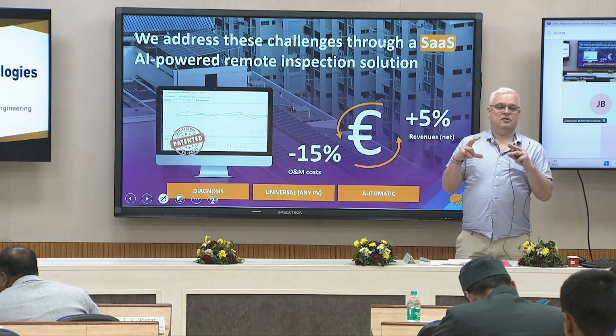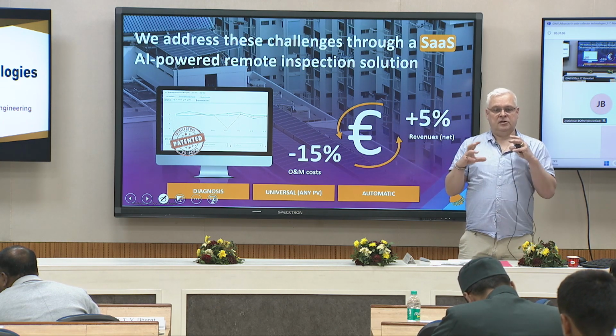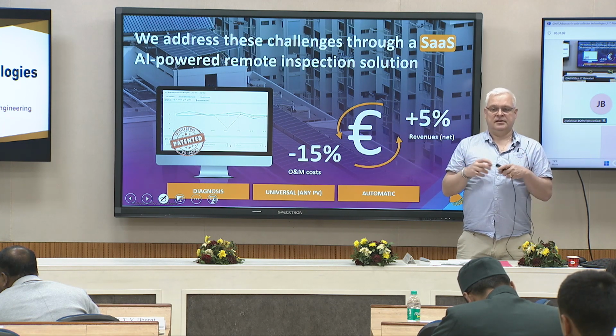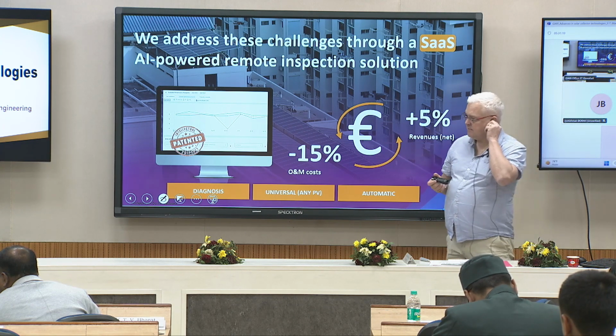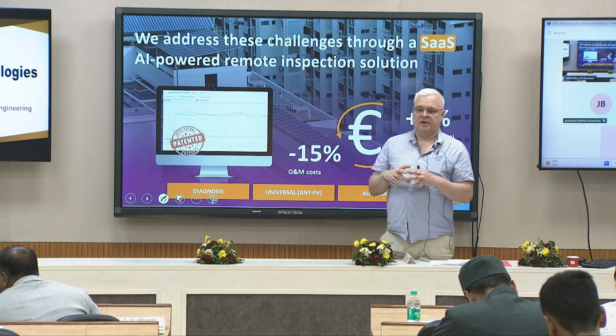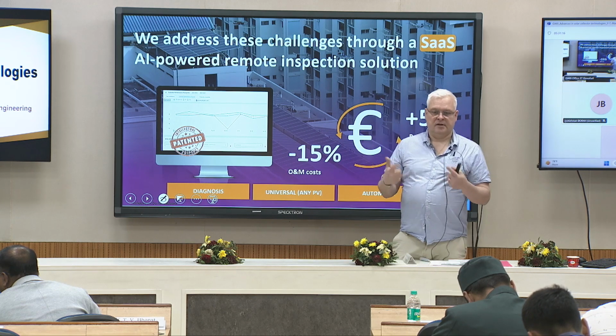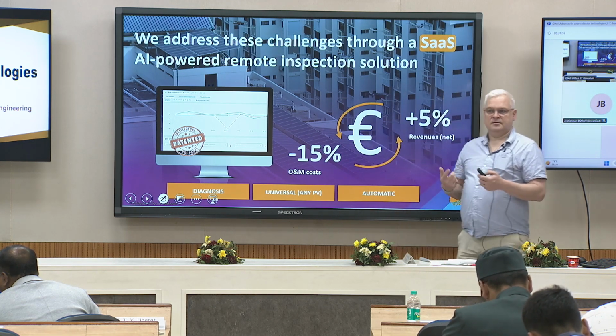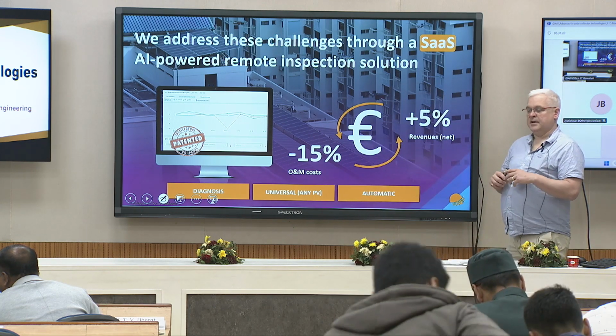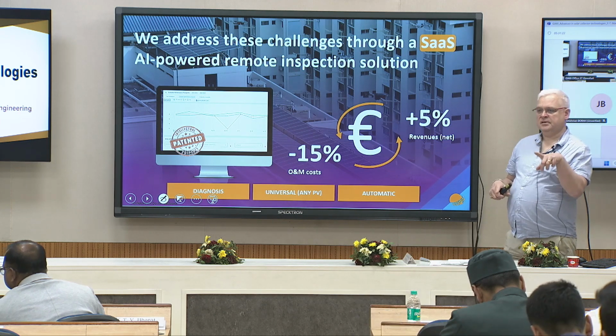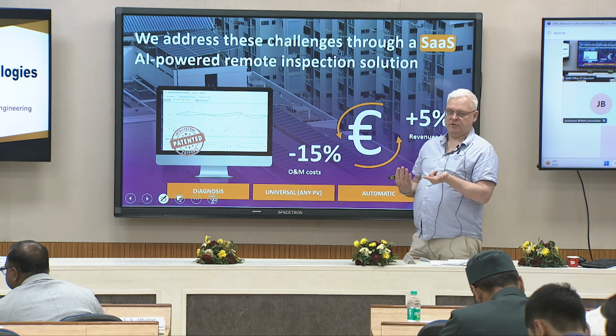There is a period of learning to see if the model is consistent with the PV central. After maybe 2 weeks of learning, it will compute that permanently. And as soon as there is a discrepancy, that means there is something wrong.